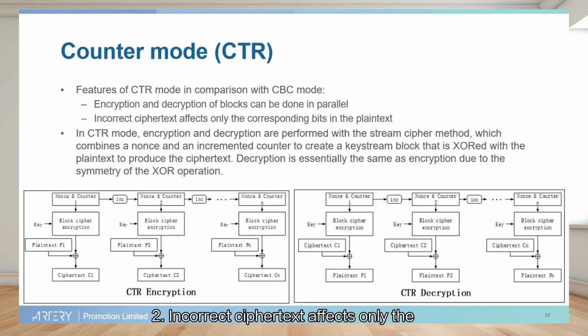Second, incorrect ciphertext affects only the corresponding bits in plaintext, and the encryption and decryption of other blocks are not affected. In CTR mode, encryption and decryption are performed with the stream cipher. A nonce and an incremented counter are combined to create a keystream block that is XORed with the plaintext to produce ciphertext. Decryption is essentially the same as encryption thanks to the symmetry of the XOR operation.